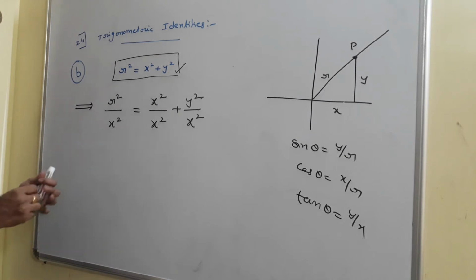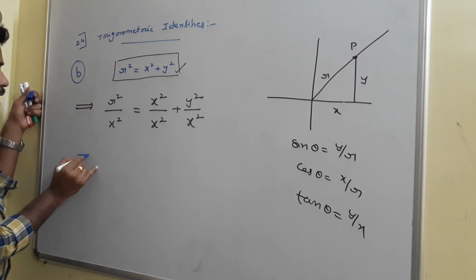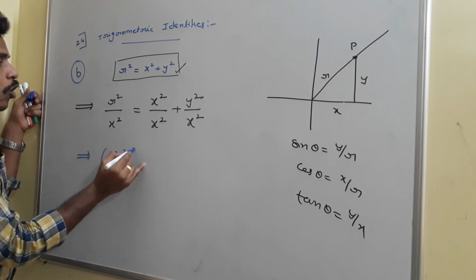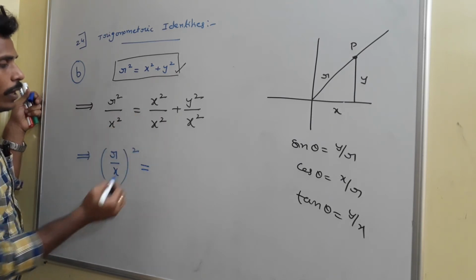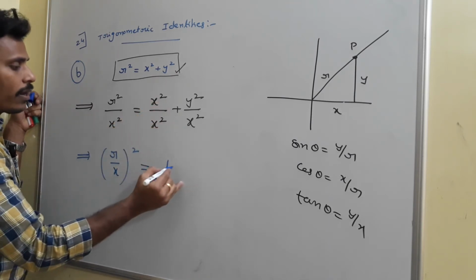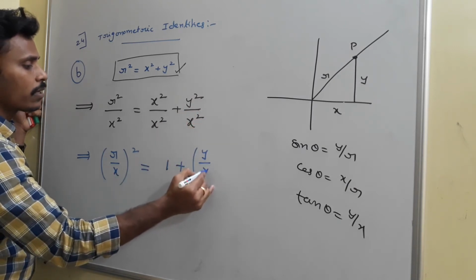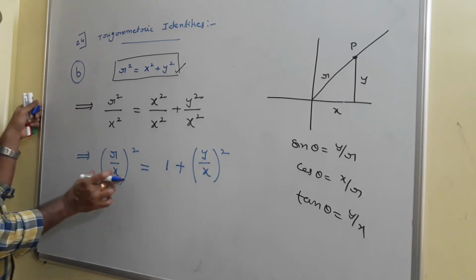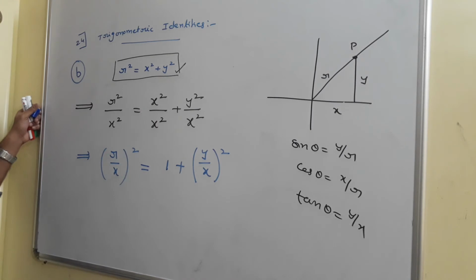That's it. And now if you look, this r square by x square can be written as r by x whole square, and it is equal to x square by x square, which is 1, plus y square by x square, which can be written as y by x whole square. So at the end, r by x whole square is equal to 1 plus y by x whole square.